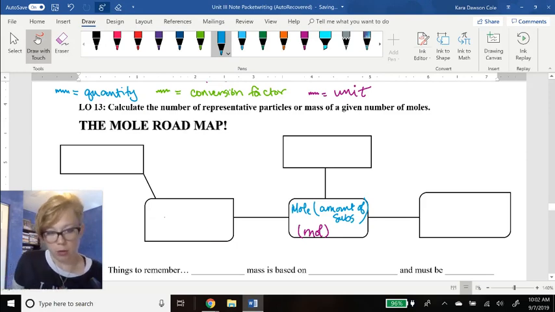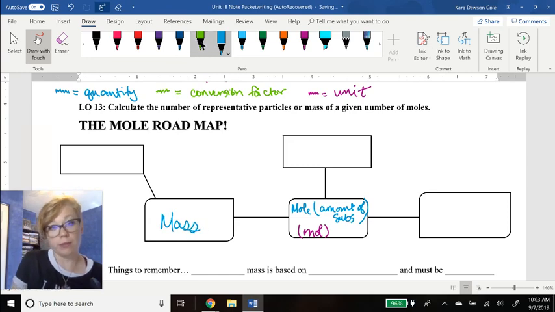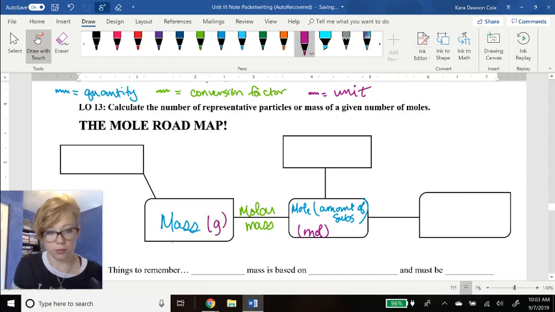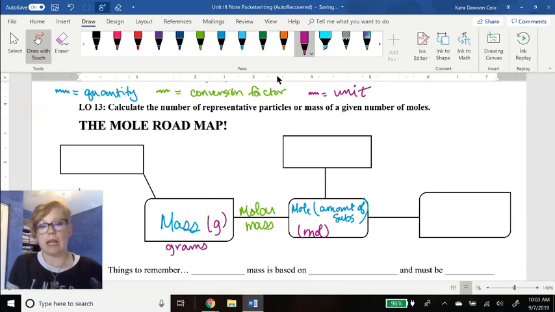So I can get my quantity of mass through the molar mass. My conversion factor is going to be the molar mass. My unit for mass is always grams. So the mole is equal to the molar mass in grams.